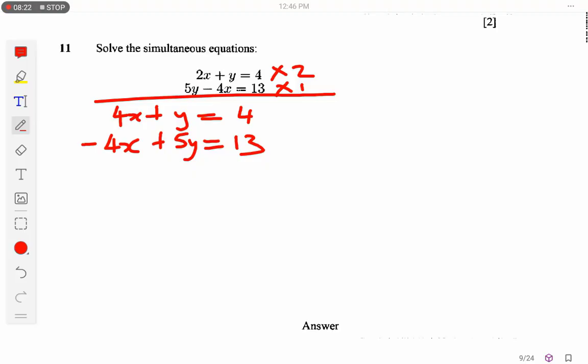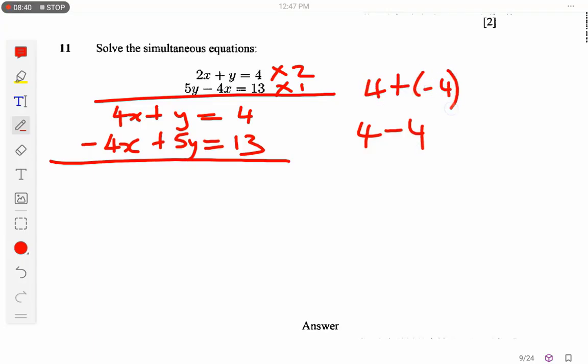Now we have reached this point. I have to decide whether I am going to add to get a 0 there, or subtract. If I add, I'll have 4 plus minus 4, which is equal to 0. So that will work for me.